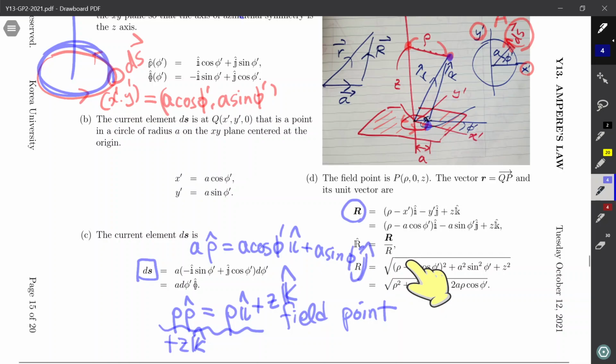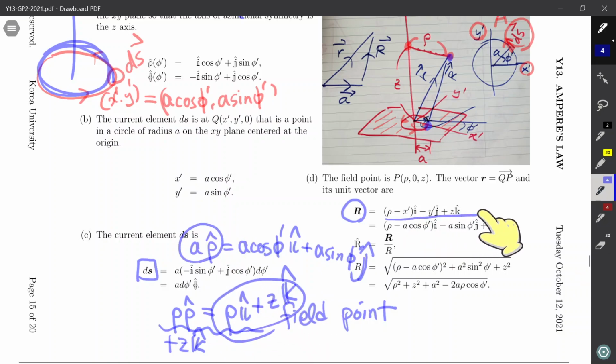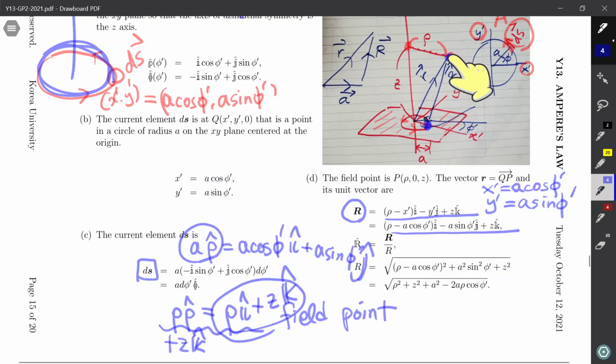So we subtract the field point by the source point. We have x prime equals a cosine phi prime, y prime equals a sine phi prime. So this is the capital R that connects the wire element and the field point.